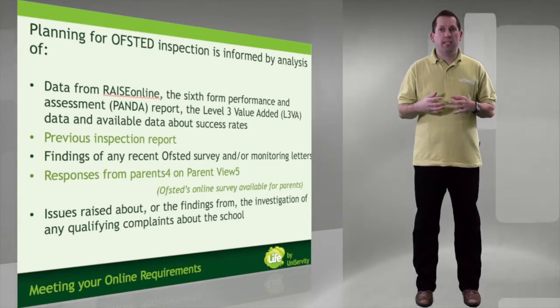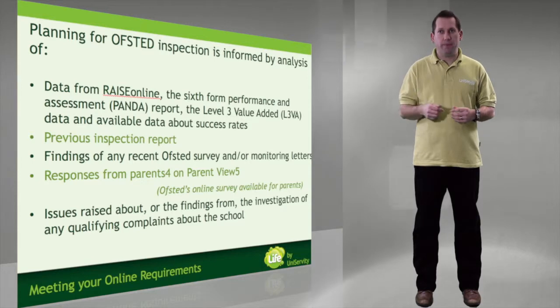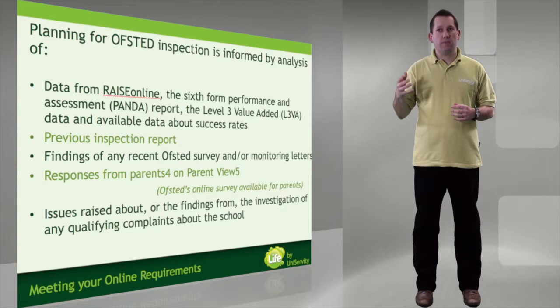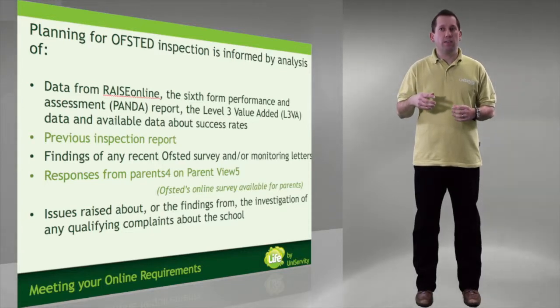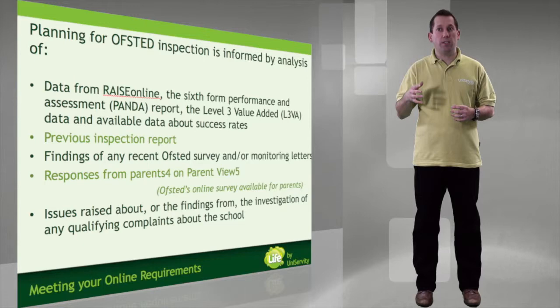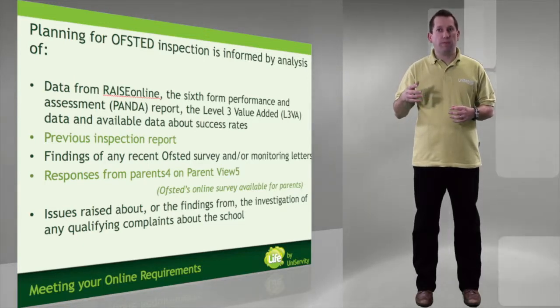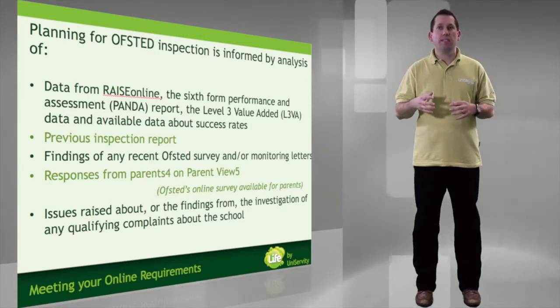Planning for the inspection is informed by the analysis of the following: data from Raise Online, the sixth form performance and assessment Panda report, the level 3 value added data and available data about success rates, previous inspection reports, findings of any recent Ofsted surveys and/or monitoring letters, responses from Parent View, and issues raised about or the findings from the investigation of any qualifying complaints about the school.